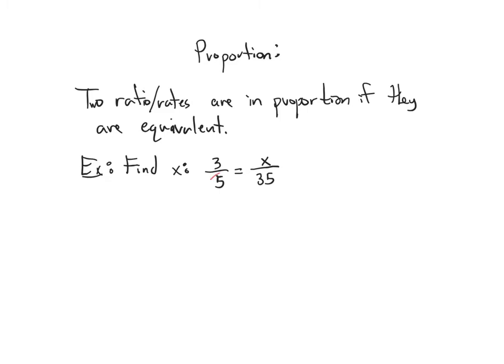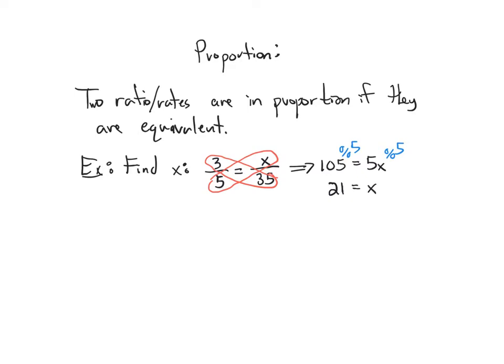So I'm going to multiply 5 times x and 3 times 35. So 3 times 35, you can check, is 105, and 5 times x is 5x. Divide top and bottom by 5. And we get that 105 divided by 5 is 21.